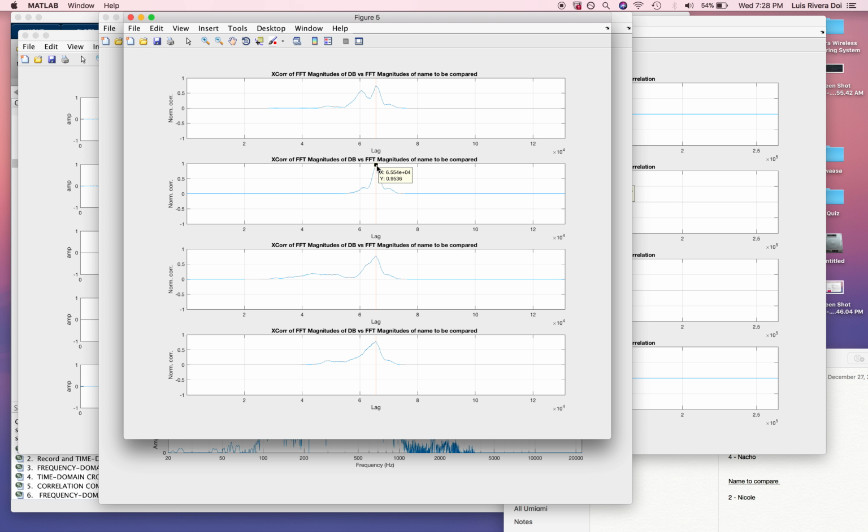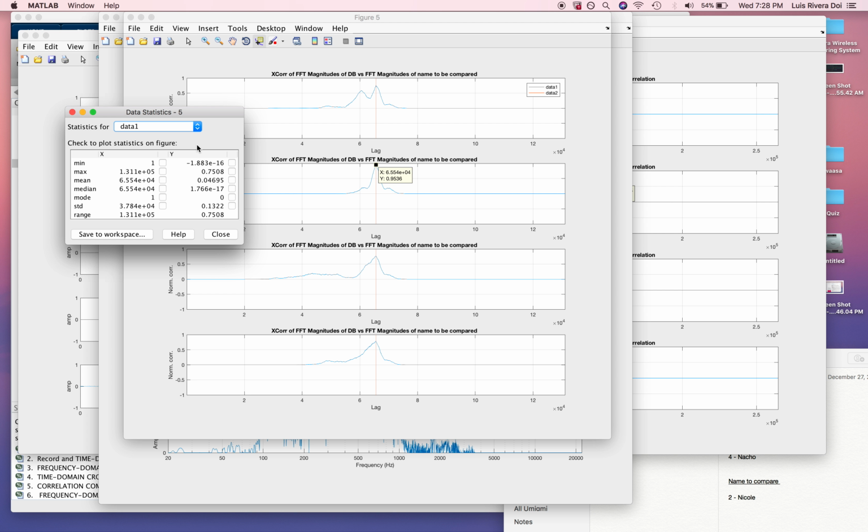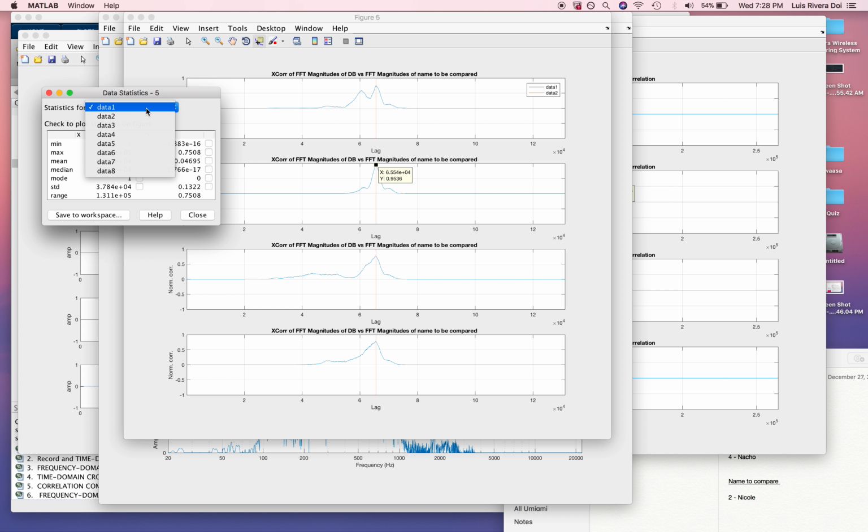There's a 95%. Actually, let me just use the tool here. There is a 75% in the frequency domain here that Nicole matches with Adrian. There's a 95% chance that Nicole matches with Nicole in the frequency domain here.